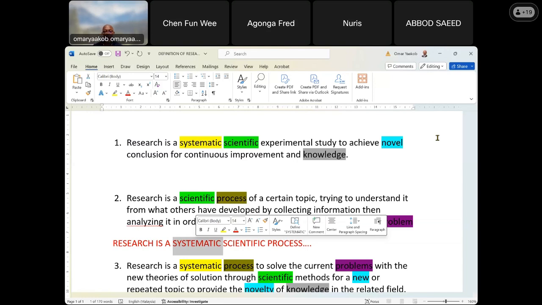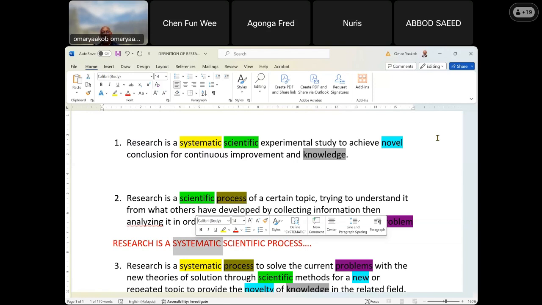You are not merely hearing things without recording or anything, or you just write, or you didn't analyze. It is a scientific study, but you need to put it in a systematic approach.